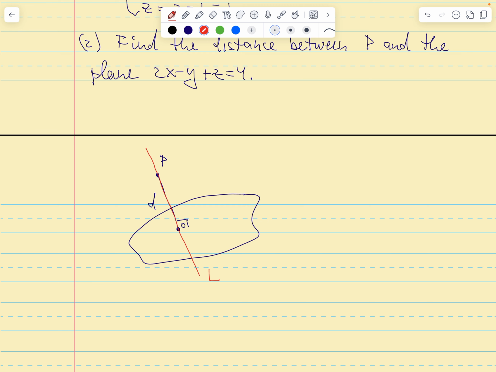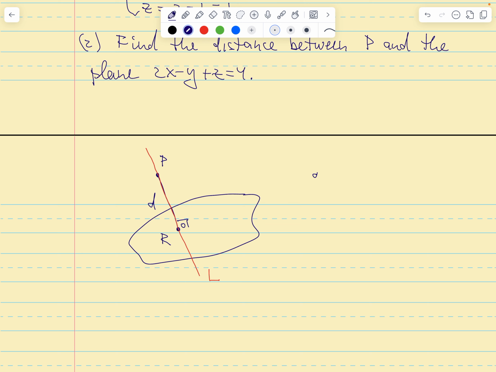Find the intersection between this line and the plane, and then measure the length, the distance from P to the point of the intersection. So let's try to do that. So let's say the point of the intersection I'm going to call R, and the line that is perpendicular to the plane is going to be L.